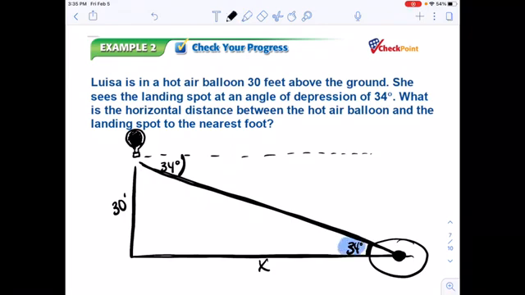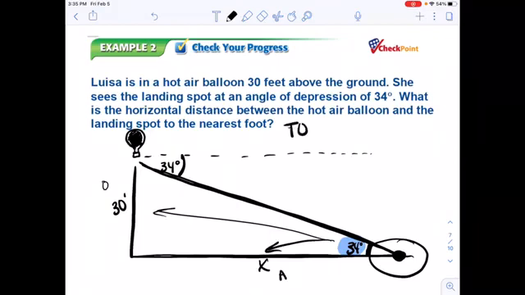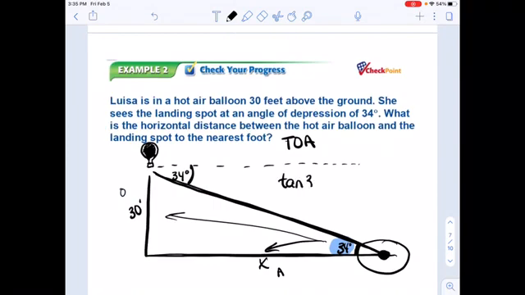This is my perspective point, so I have opposite, I have adjacent. That means I'm going to use tangent again. So we have tangent of 34 is equal to opposite over adjacent. And then we go ahead and solve.